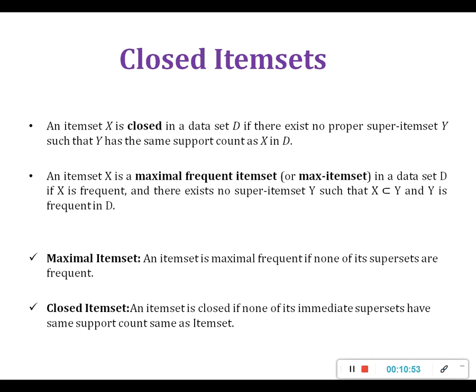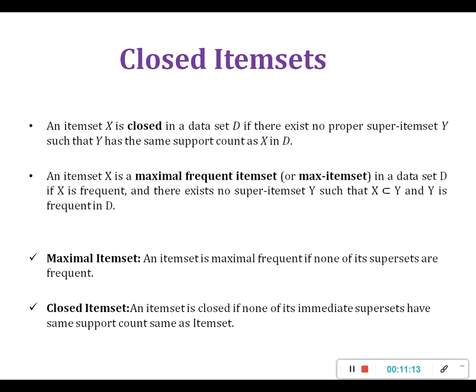And maximal is when none of its supersets are frequent. Say AB is my itemset and it should be frequent. When will it be frequent? When its support count is greater than or equal to the minimum support.